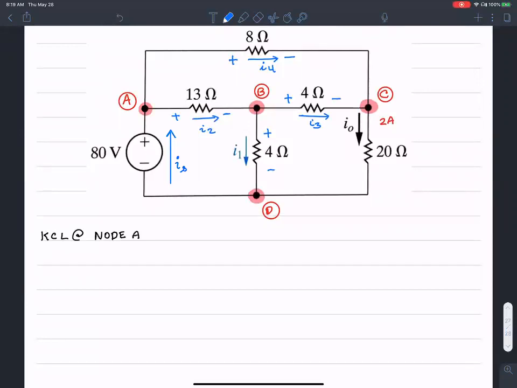So there are 5 unknowns now: I1, I2, I3, I4, and the total current being delivered by the voltage source here. When I have an answer for all of those unknowns, then I know I have solved the circuit.